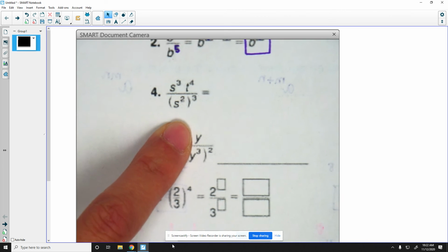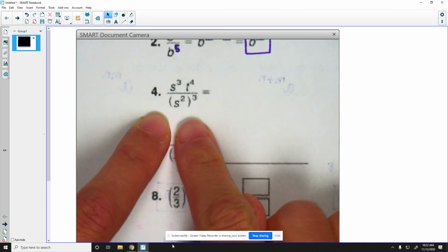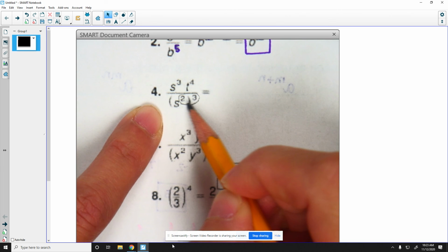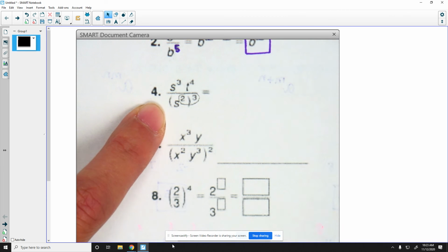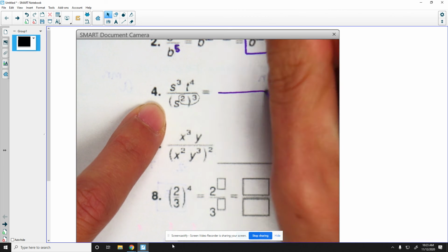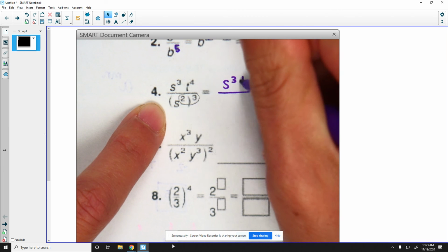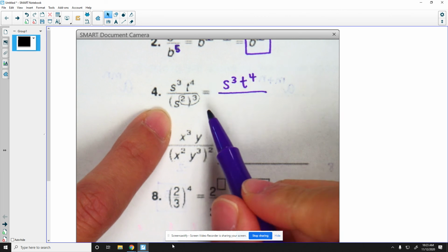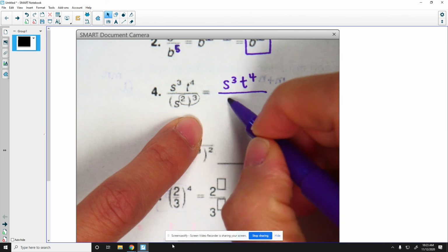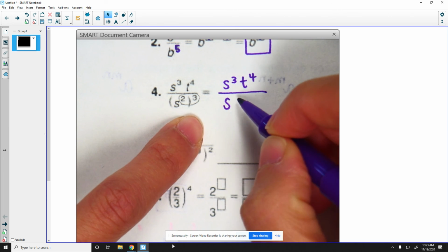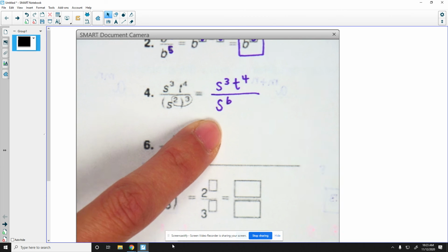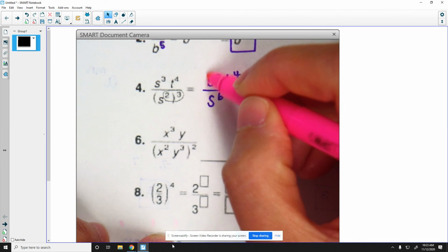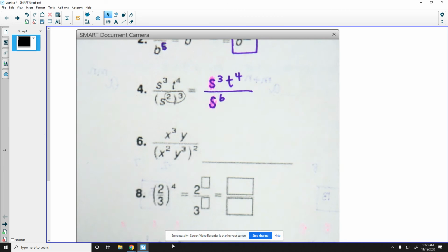This is just the beginning, guys. Isn't it so exciting? Okay, so PEMDAS tells us that I do exponents first, and then I can do my multiplying or dividing. So my question is actually s to the 3, t to the 4. I'm not changing the top because I have to do exponents first. But on the bottom, I have s to the 6. Now, remember how we said you can only use a trick if they have the same base.